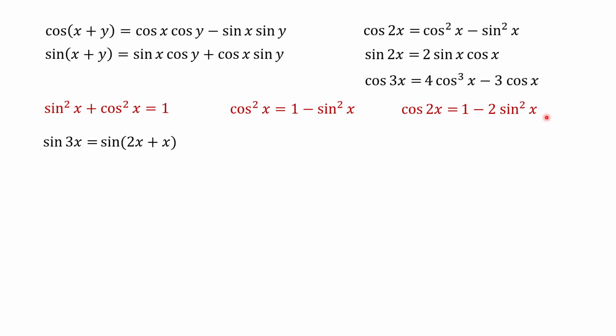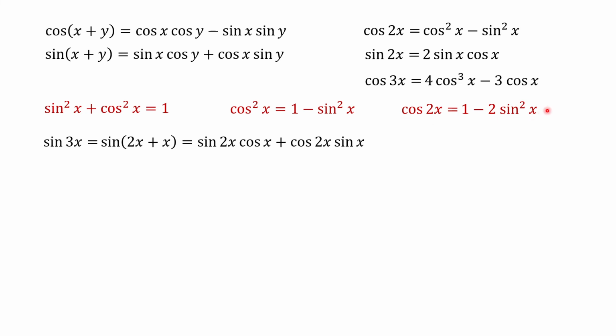Sine of 3x is sine of 2x plus x. That's obvious. And then we're going to use the formula for sine of sum of 2 angles. This is what we're going to get. Now we have sine of 2x, and this is 2 sine x cosine x. It's right here. And then we have cosine of 2x.